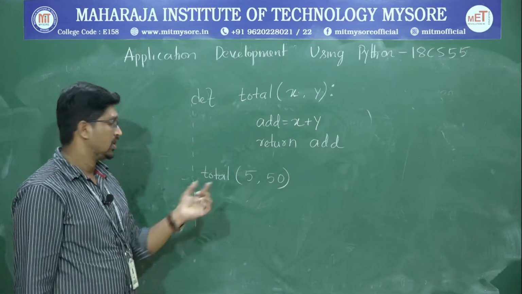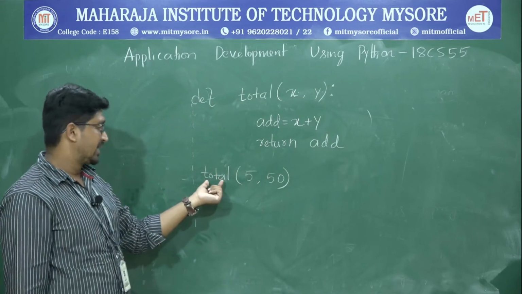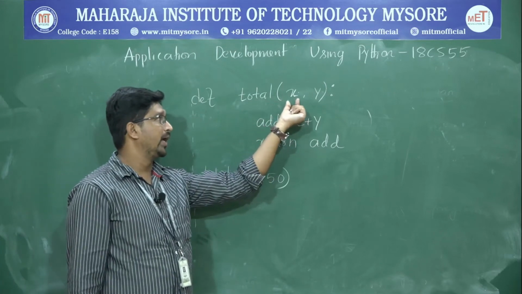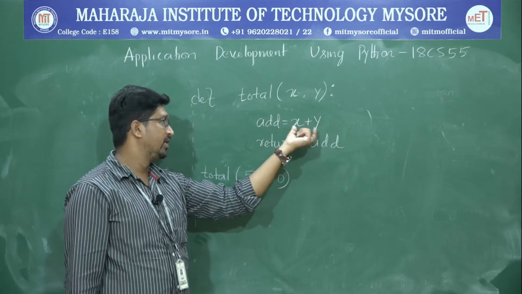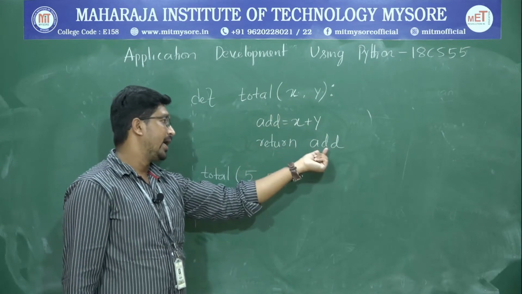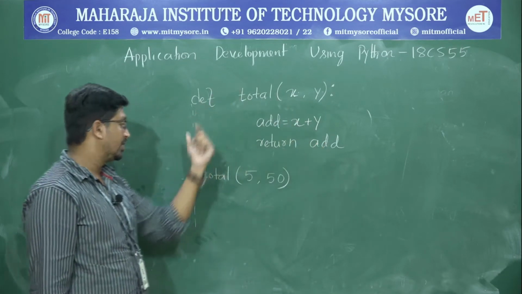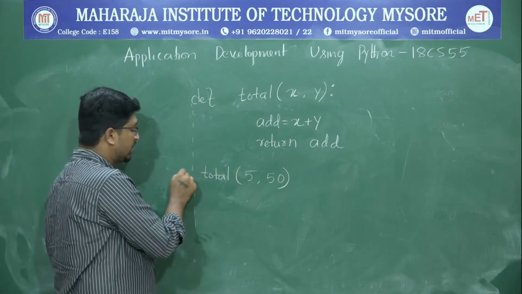Both are integers. Total 5 comma 50. Whenever I say this, 5 and 50 are copied to x and y, and they get added, that is 55 is stored into add, and return add. So then the data will be returned back to total, to here.